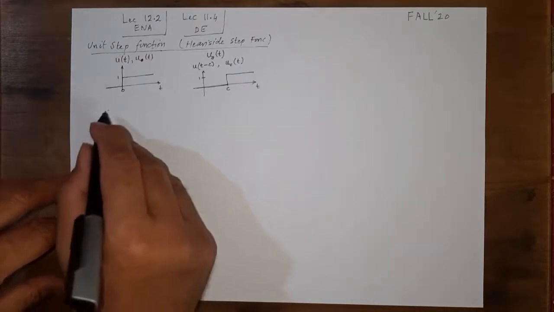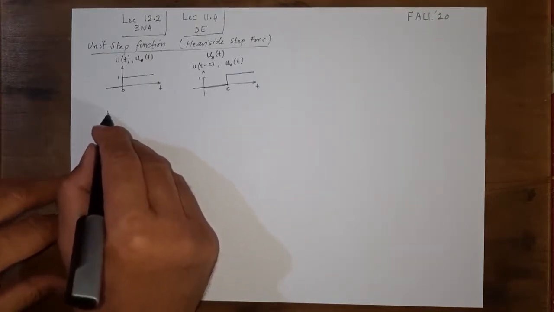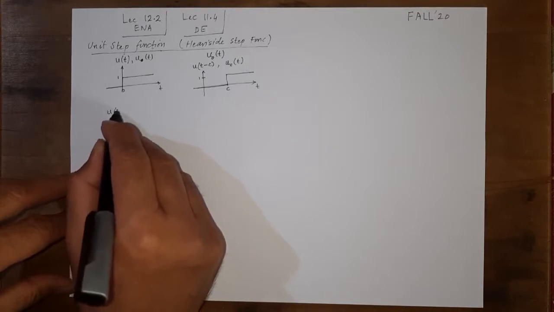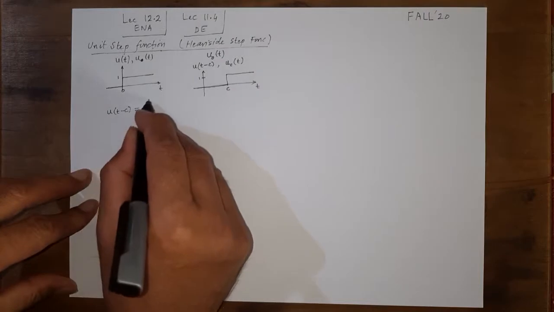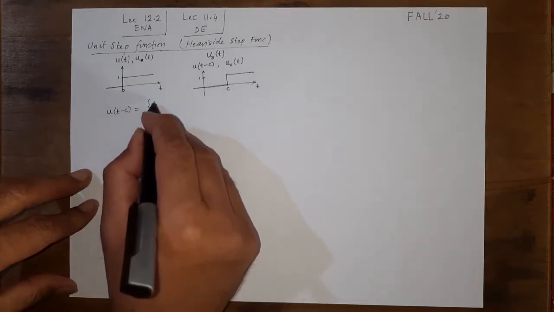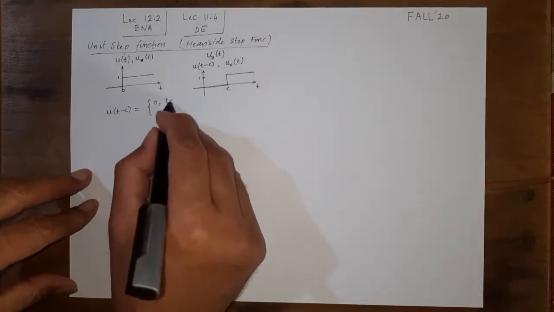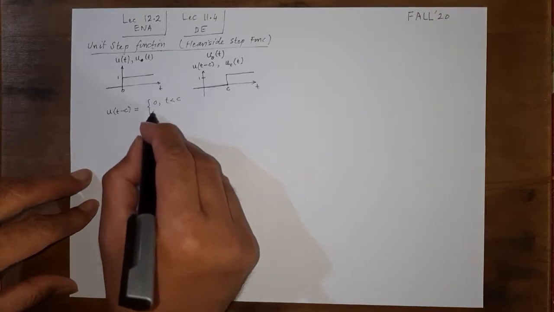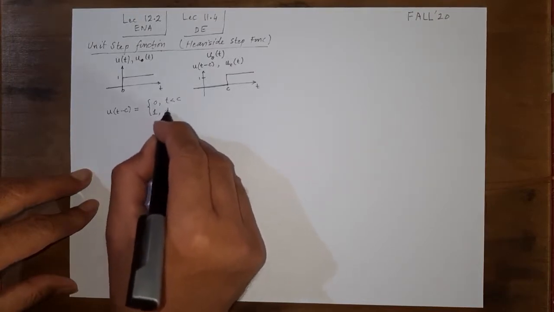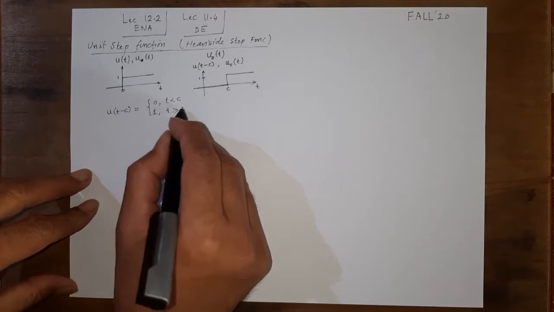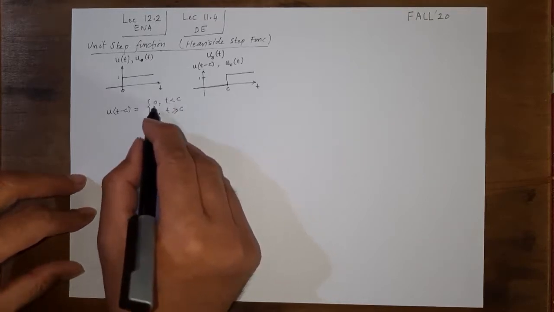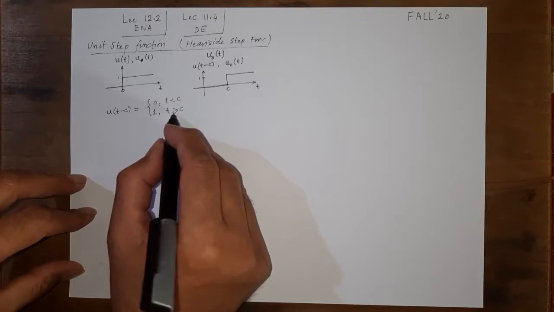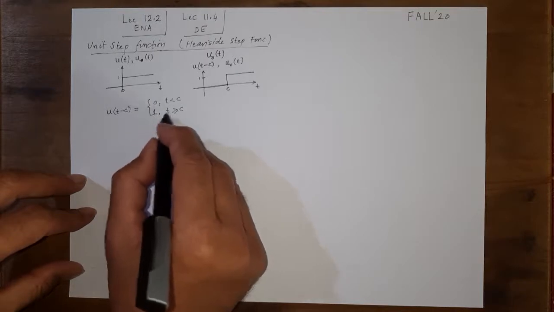In a piecewise way, a unit step function at c is described as 0 up till c, but it is 1 after c and at c as well. So it jumps from 0 to 1 suddenly in no time, but at the jump location it is defined to be 1.